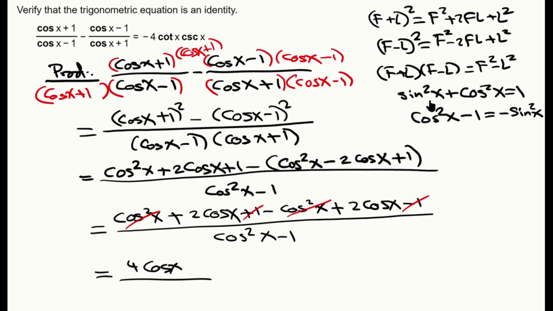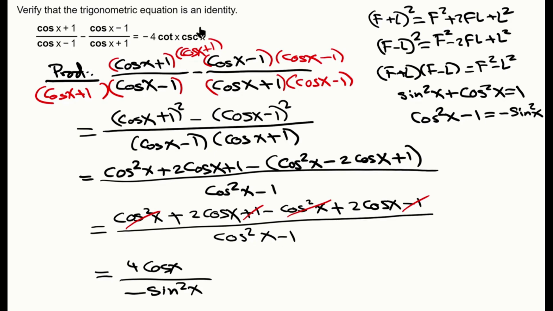Notice that we moved sine squared to the right side and we moved the 1 to the left side so that we can obtain the expression of interest. So we can replace the cosine squared x minus 1 with negative sine squared x.